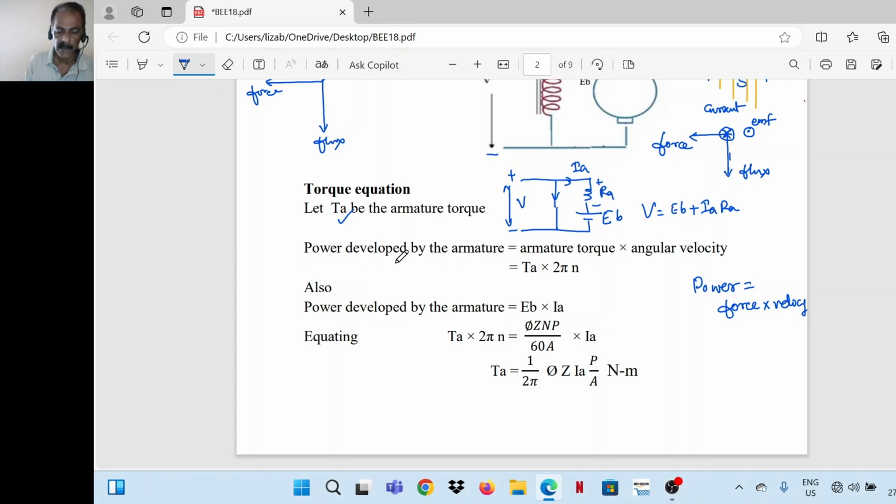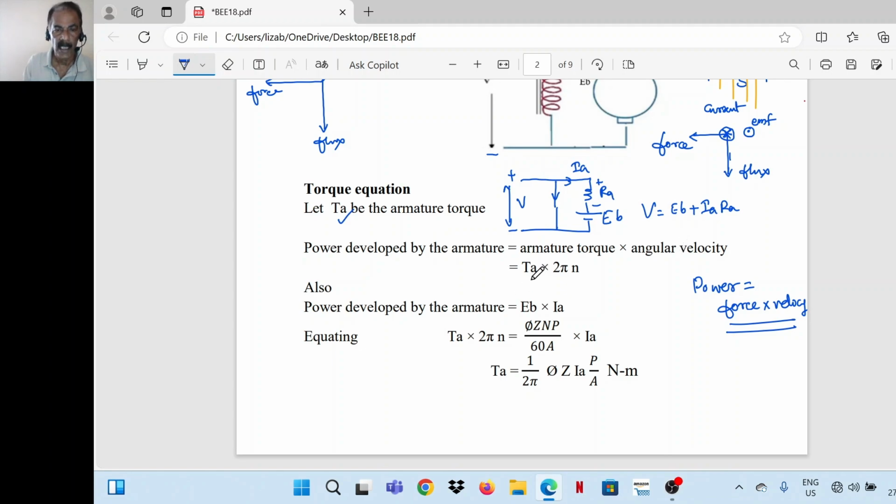But in this case, it is rotating motion, so instead of force, it is torque, and instead of linear velocity, it is angular velocity. In the case of rotating motion, it is torque into angular velocity.